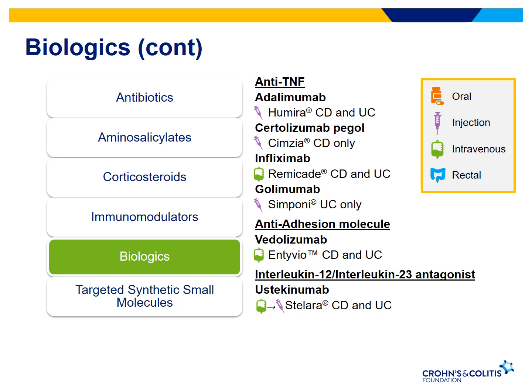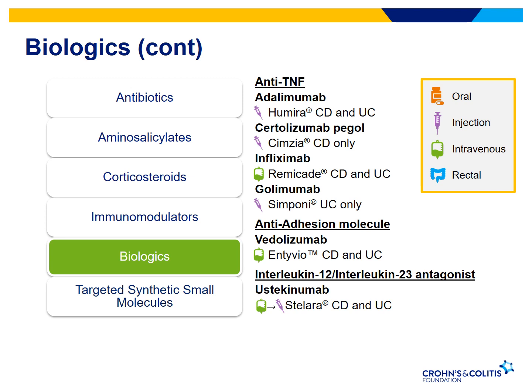And then there are the anti-adhesion molecules, that's Entyvio or vedolizumab. So that is a biologic that decreases the ability of cells that cause inflammation from reaching the GI tract. And then there's a biologic called ustekinumab or Stelara. That is an antibody directed against two cytokines, IL-12 and 23, though most of its effect in IBD comes from blocking IL-23.